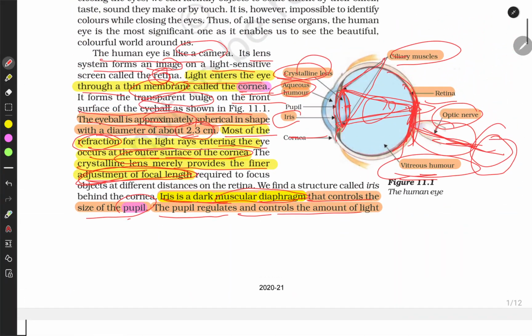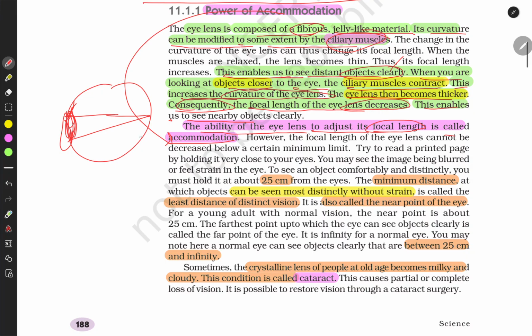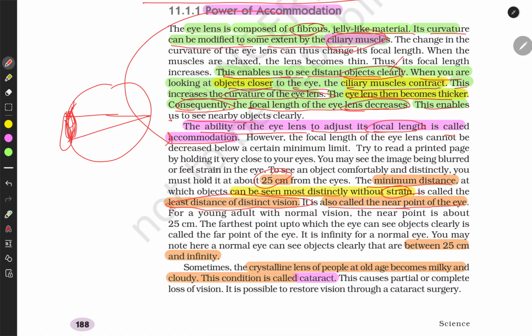We only know that most of the convergence of light happens in the cornea, the outer surface of the eye. And this lens is only providing adjustment in the focal length, so the light can be focused on the retina. And 25 centimeter is the minimum distance from which we can see without getting any strain. This is the least distance of vision, and this is also called the near point of the eye. And what is then the far point of the eye? This is infinity.